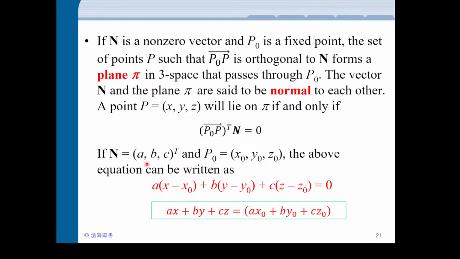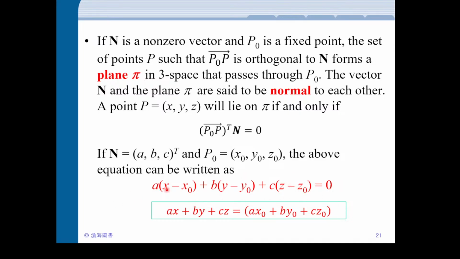If n is (a, b, c) and P0 is (x0, y0, z0), the vector P0P will just be (x minus x0, y minus y0, z minus z0). When you take the inner product, you have a(x minus x0) plus b(y minus y0) plus c(z minus z0) equal to 0.